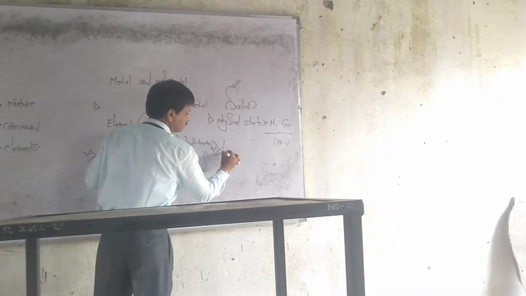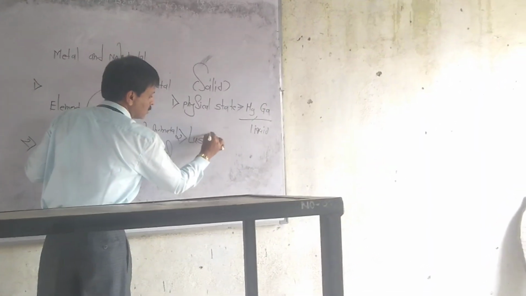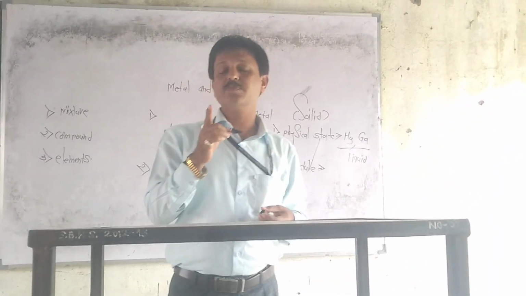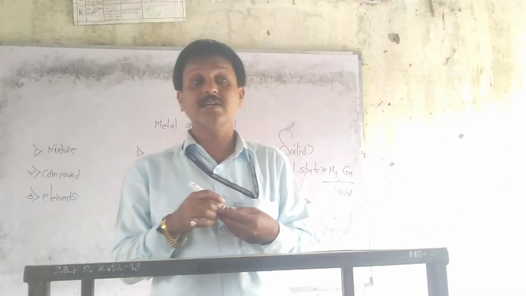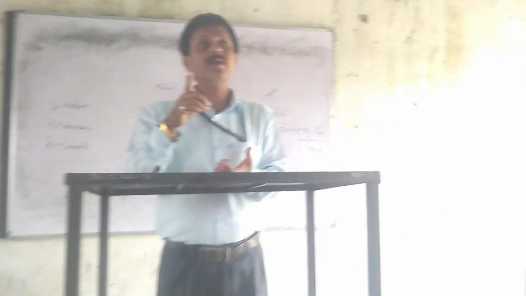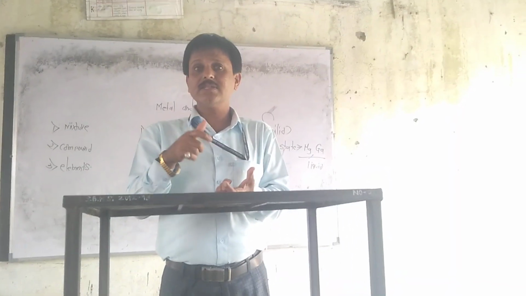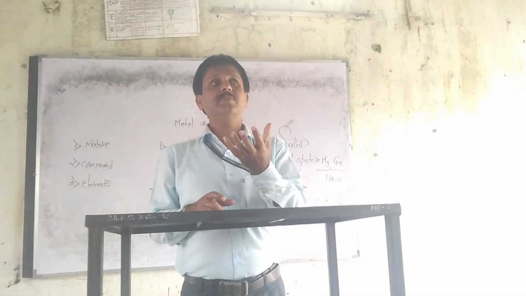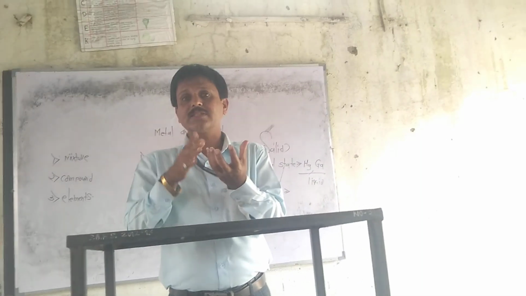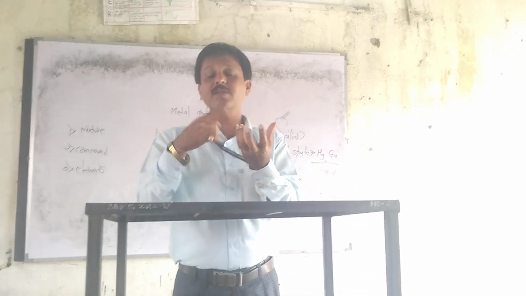Second topic, let's jump. Look, students: luster means brightness, glowing, reflecting like sunrise. Suppose I take a copper vessel and rub it with sandpaper. At that time the copper vessel reflects brightly.